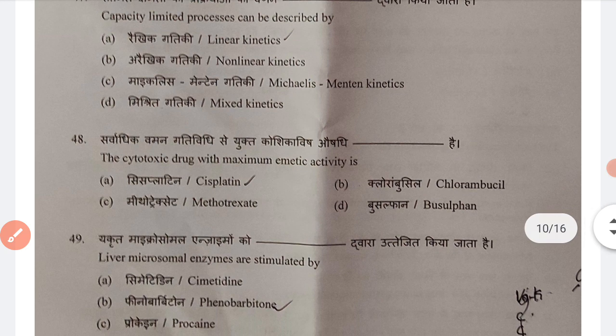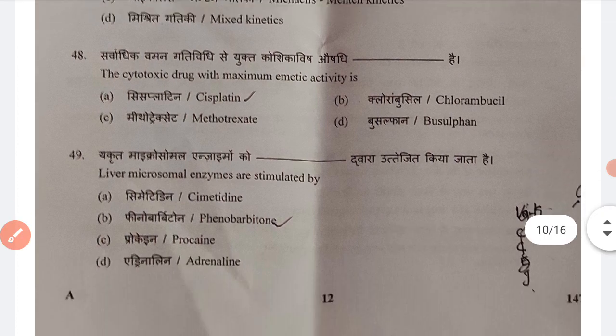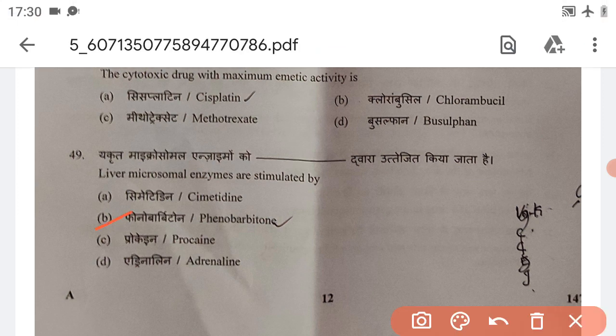The cytotoxic drug with maximum antiemetic activity is cisplatin. Next, liver microsomal enzymes are stimulated by phenobarbital, because cimetidine is an inhibitor, and phenobarbital and phenytoin are stimulants.